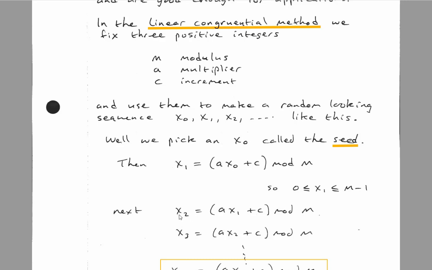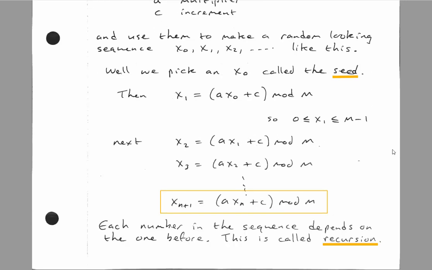The next number, x sub 2, is found the same way, but now it uses the last number. So it's a times x sub 1 plus c mod m. Then x sub 3, so you keep using this method.